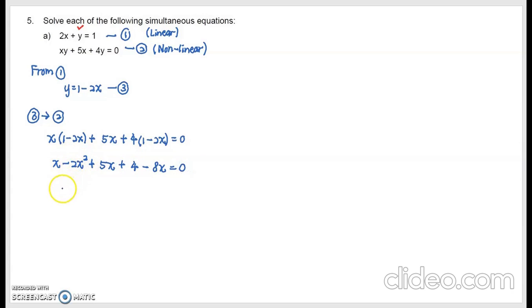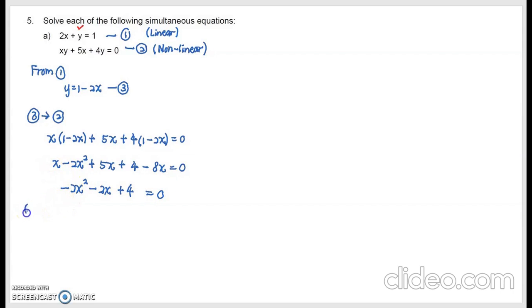So here I have negative 2x squared. x plus 5x is 6x, 6x minus 8x is minus 2x, plus 4 equals to 0. From here, you can notice that the right hand side is already equals to 0, but the coefficient of x squared is negative.